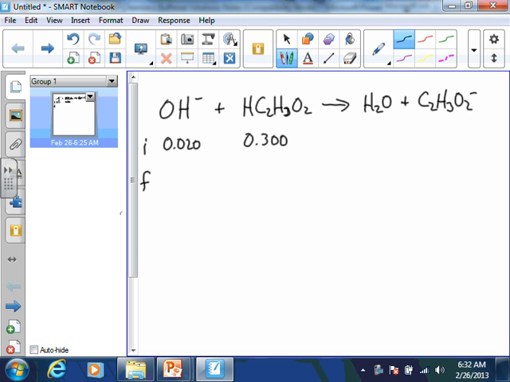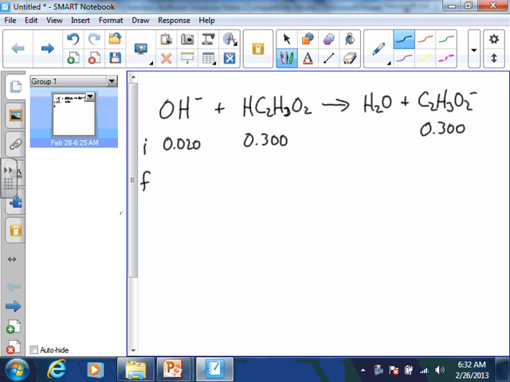Now, we also initially have some acetate in that solution, right? How much acetate do we have? Isn't it also 0.3? I'm not looking at it right now, but I think they're the same. You guys see that? Because the sodium acetate, there are 0.3 moles of that. So when that dissociates, you end up with 0.3 moles of the acetate ion. So those are our initial conditions.